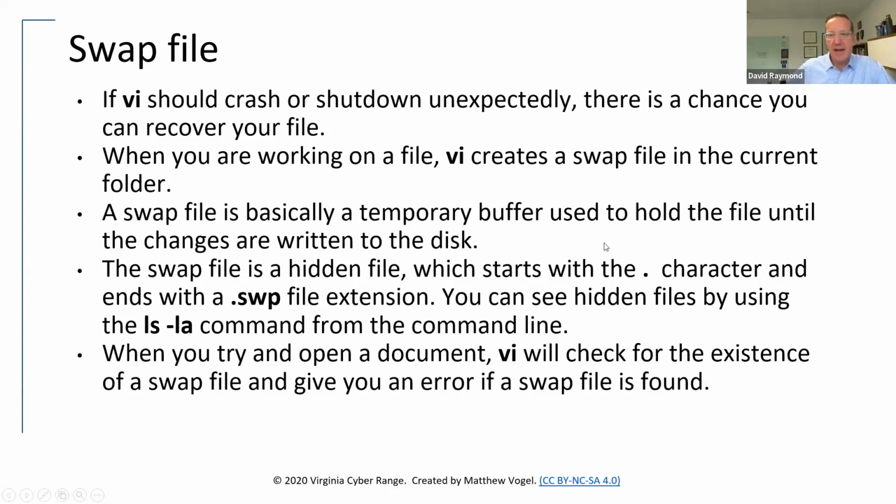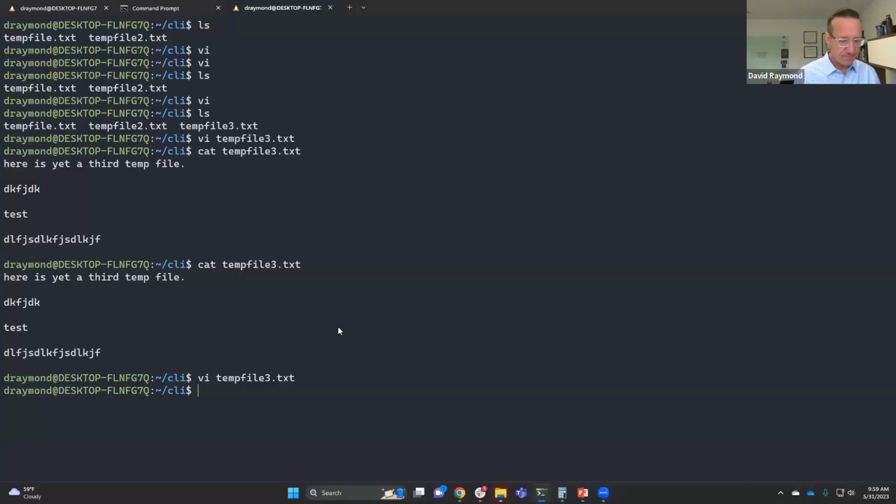And if VI crashes, what you end up with is this .swp file. The way you see that is you do an ls -a. And when you try and open a document, VI will check for the existence of a swap file and give you an error. I'm going to show you what that looks like.